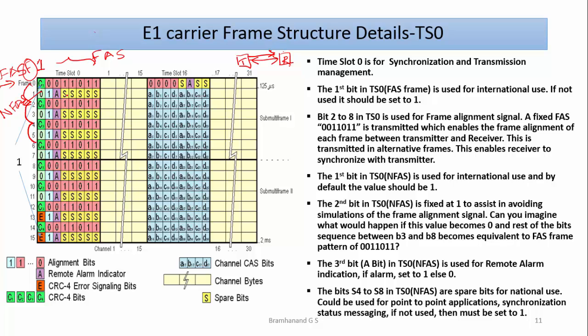And the remaining 5 bits in the non-frame alignment signal are spare bits, and they are used for national use. This could be used for many purposes, such as point-to-point applications, or exchanging status messaging of synchronization between transmitter and receiver.